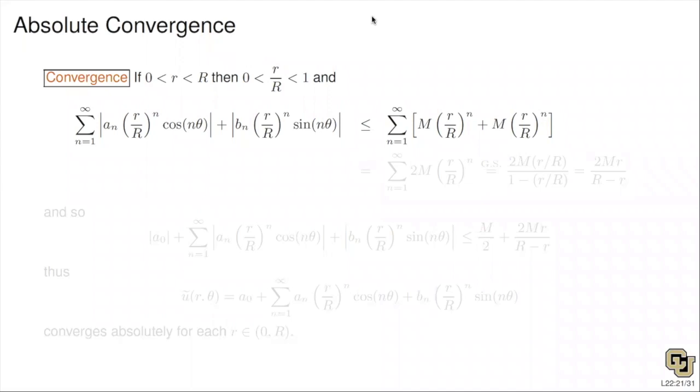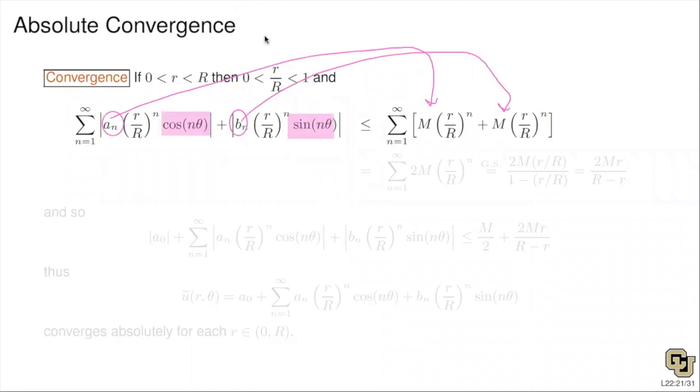Here, the cosine and sine terms we can bound by 1. That's not an issue. The a sub n and b sub n terms, if we assume f is piecewise smooth, are bounded by some constant. So all we're left with is the little r over capital R term raised to the n. But now, because little r over capital R is a number between 0 and 1, we can think of this essentially as a geoseries.